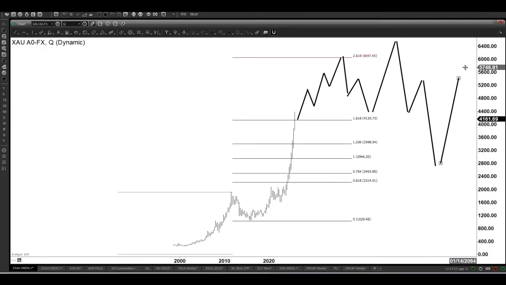So the trend in the indices and in the commodities is far from over. Gold is going to decelerate compared to silver, but it's going to keep trading higher, because at one moment it has a zero barrier, right, Pedro?